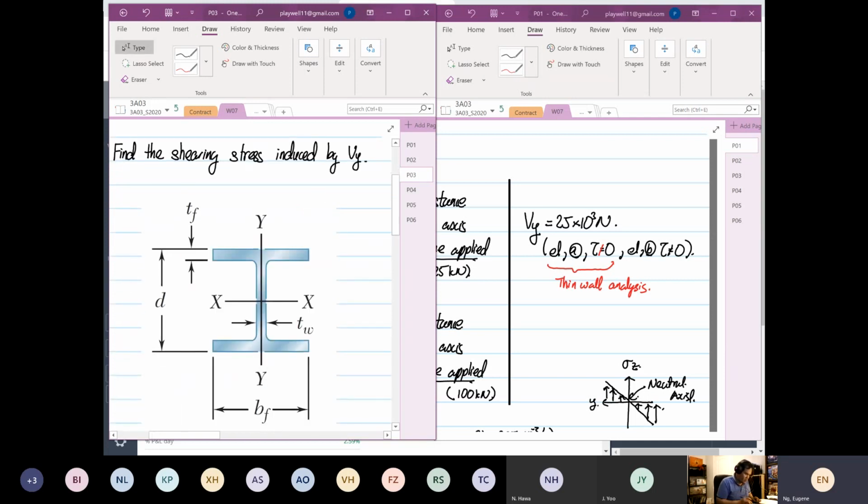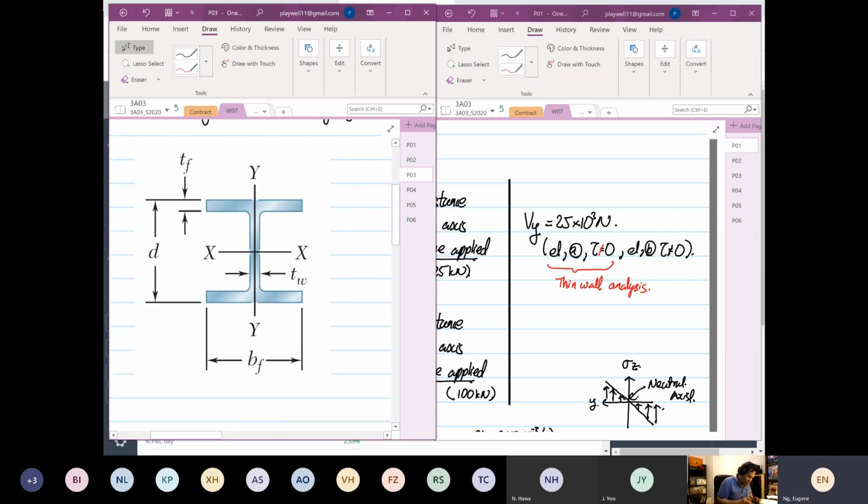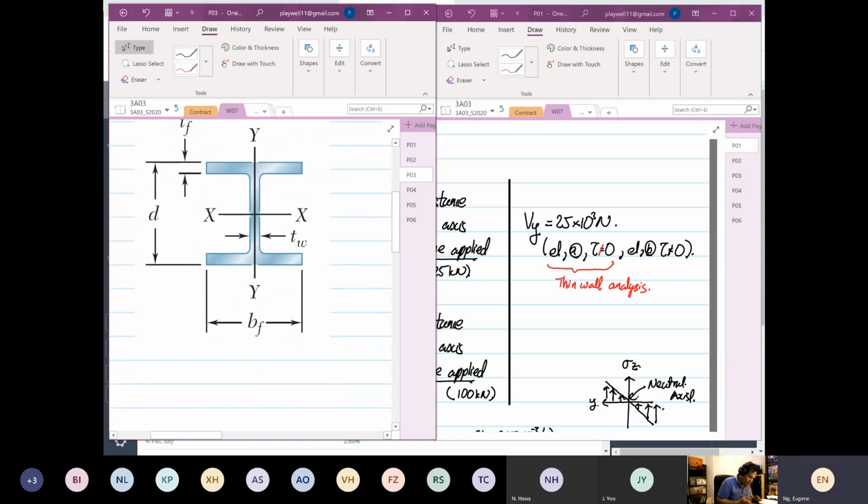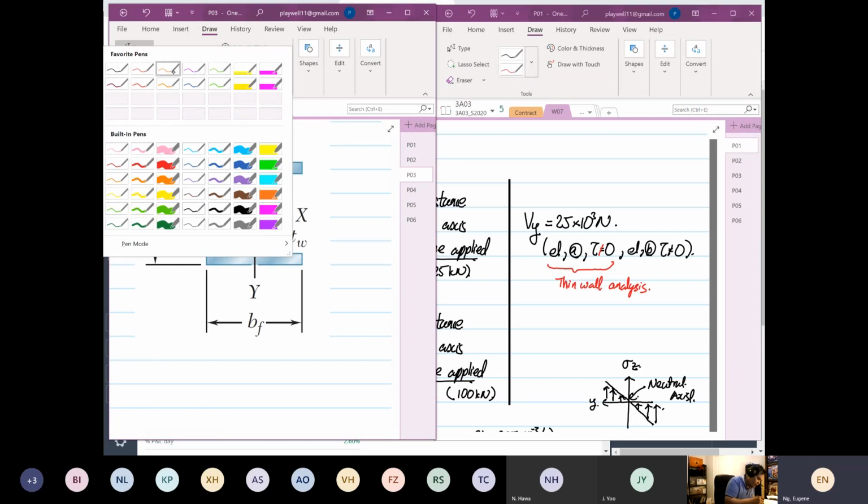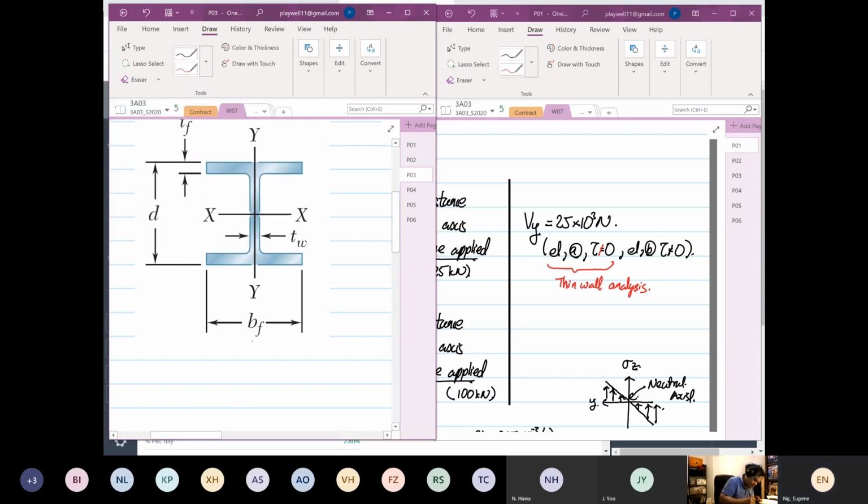If we look at Vy from this view, Vy is coming in this direction. So this is our Vy. Vy is coming out at 25 times 10 to the power 3 Newton.